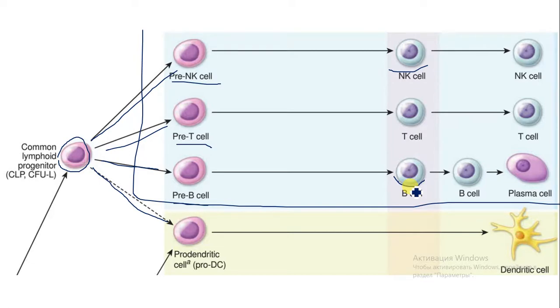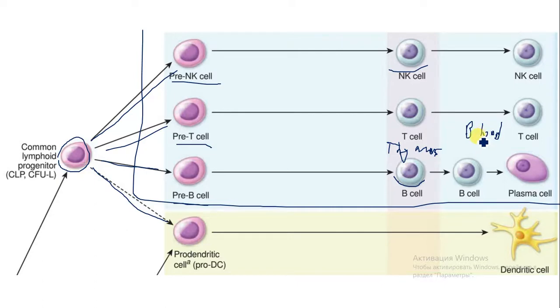But T cell maturation goes in the thymus. This final maturation happens there, and later T cells are stored in blood, and also in lymphatic organs like spleen, lymph nodes or lymph nodules.